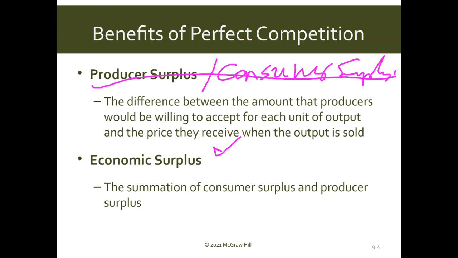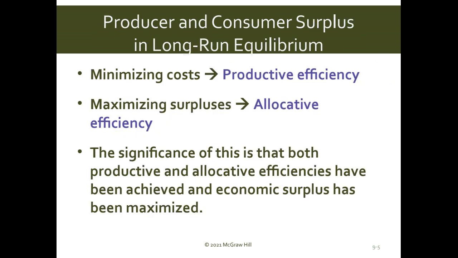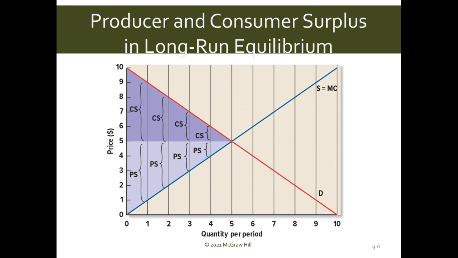I can show you consumer surplus and producer surplus using this diagram. So if you look at this diagram, remember this is not one specific firm's diagram. This is an industry diagram. Okay, so the supply curve is the sum of the marginal cost curves of all firms, and this is a downward sloping total demand curve. So equilibrium price is $5.